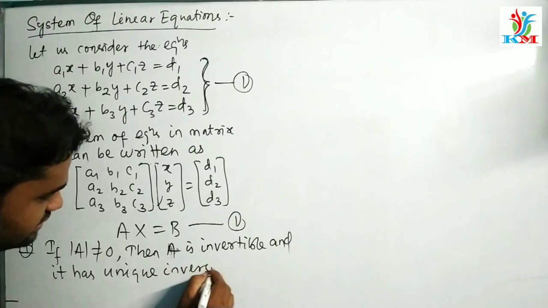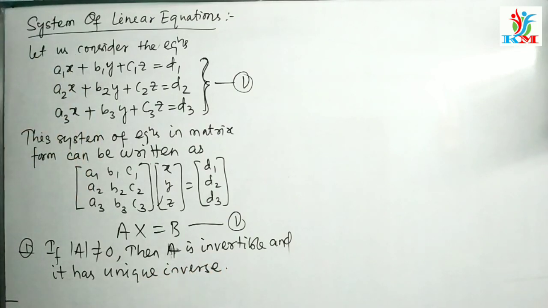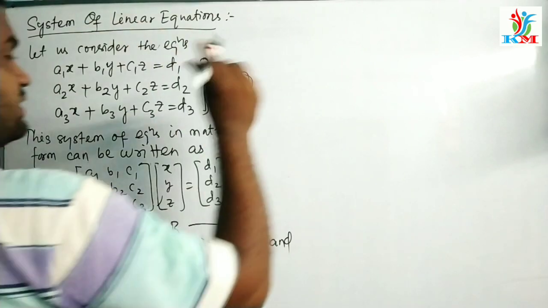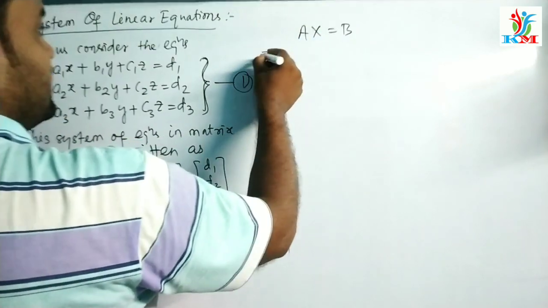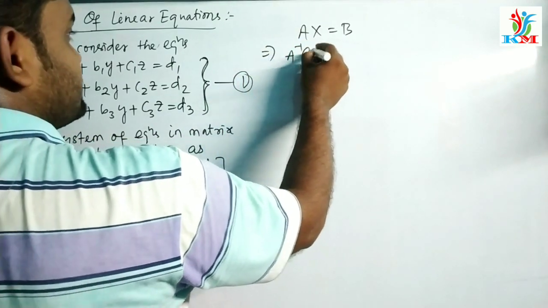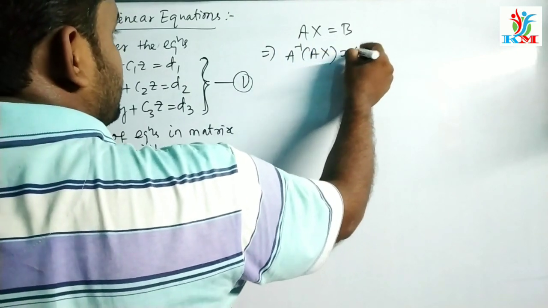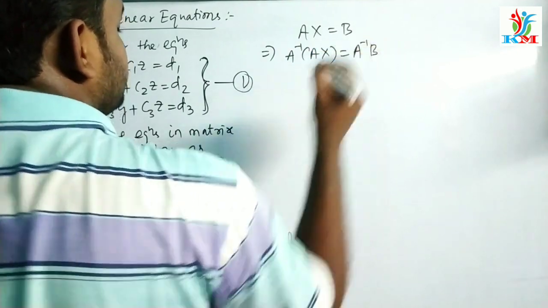As we studied, if the inverse of a matrix exists, then it must be unique. So in this case, we can find the solution of the system of equations AX equal to B by multiplying A inverse on both sides of the equation.